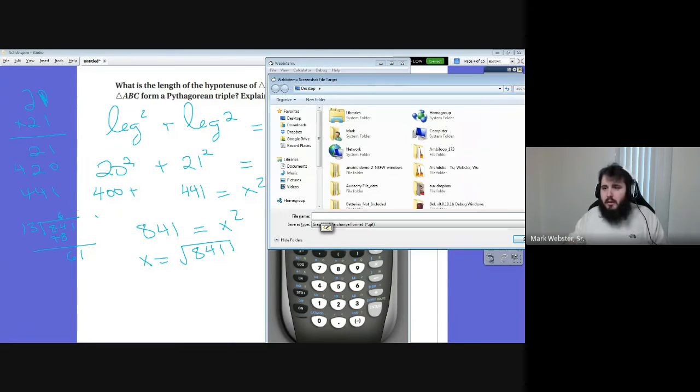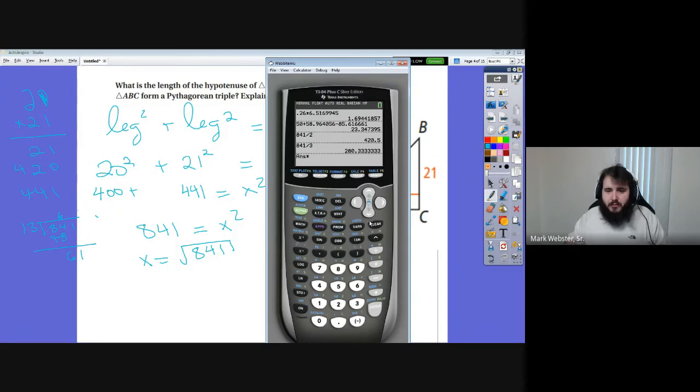Ah, this is what happens. 841. We said 4 is not going to go in. 5 is not going to go in. 6, 7 didn't go in, I don't think. Double check my work. Yeah. 9, 8 won't. 10 won't.